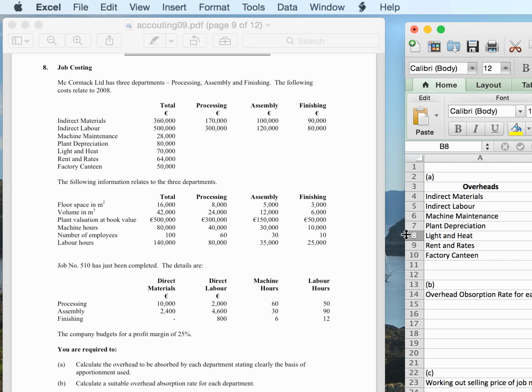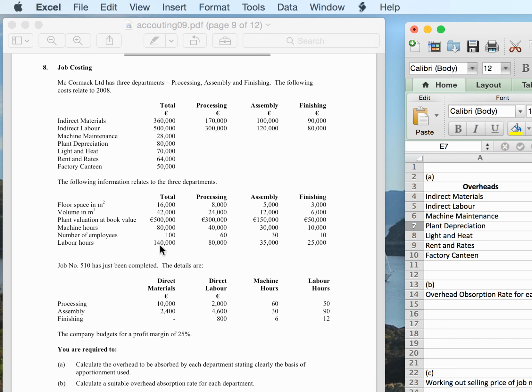Plant depreciation, it's got to have something to do with the amount of plant, so we've got plant valuation. So 300, 150 and 50, so that's easy enough. Remember, this is all meant to be based on common sense. If you had decided instead of using plant, you could have maybe used floor space, but I think no, plant is the most suitable one, so you'd probably lose marks if you didn't use that. So we're going to have 80 grand times 300 over 500, so it's going to be times 3/5.